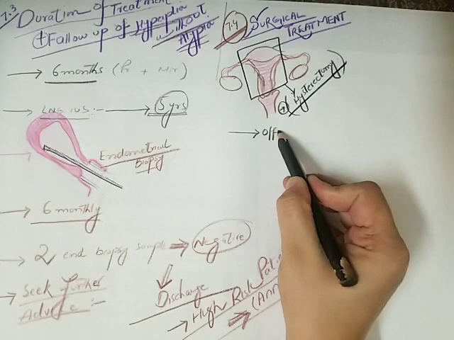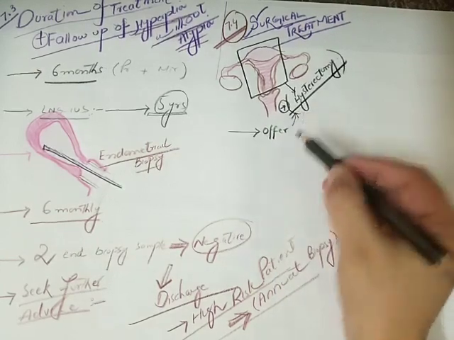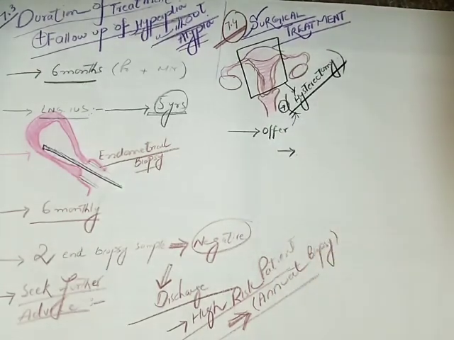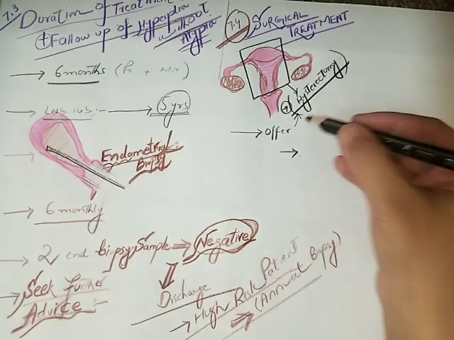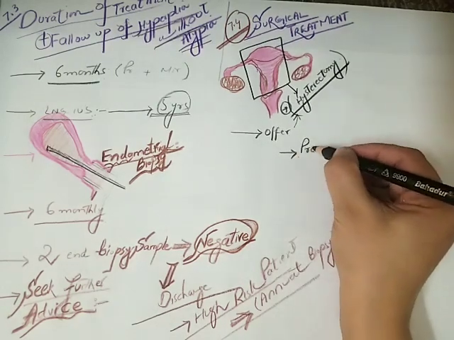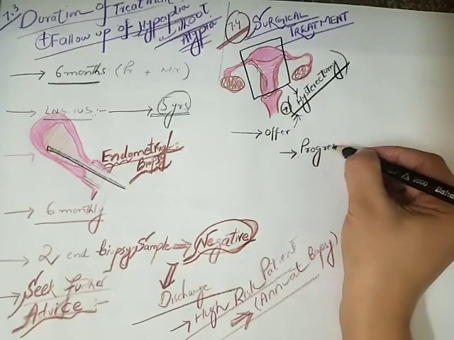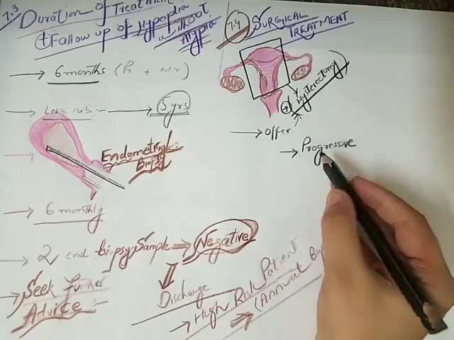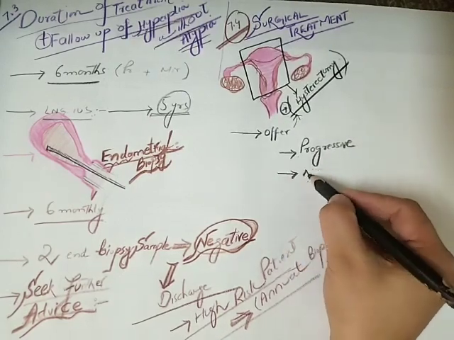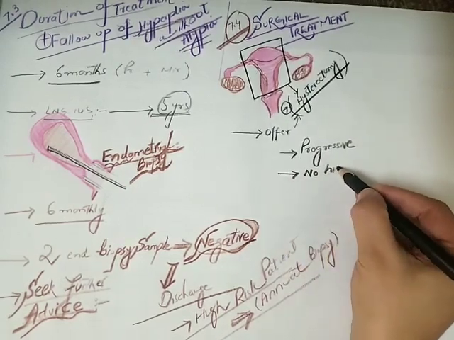Okay, offer hysterectomy in which patient? We have to offer surgical treatment when there is progression to atypical hyperplasia during follow-up, where there is no histological regression.